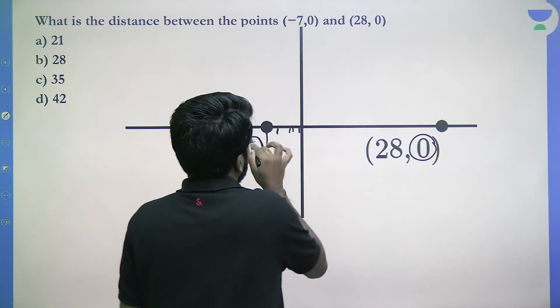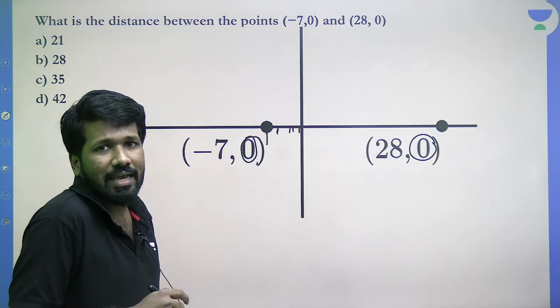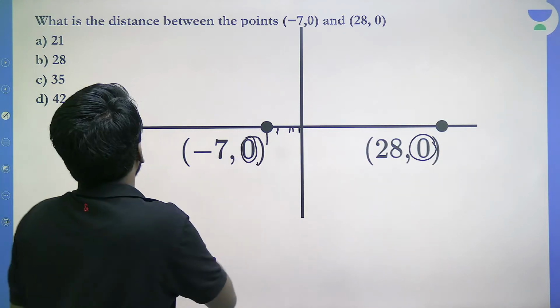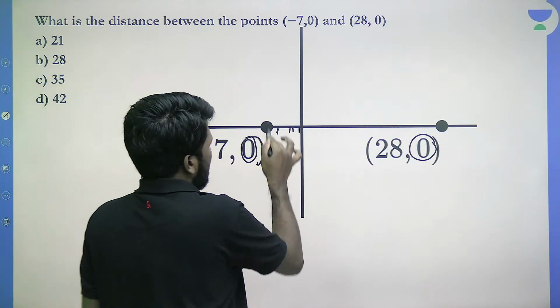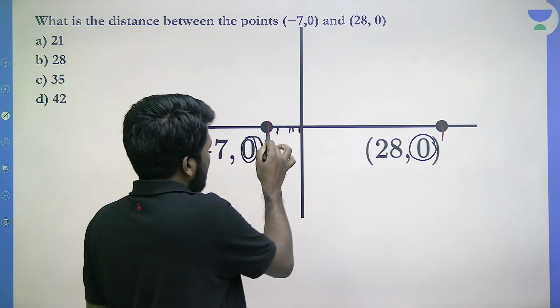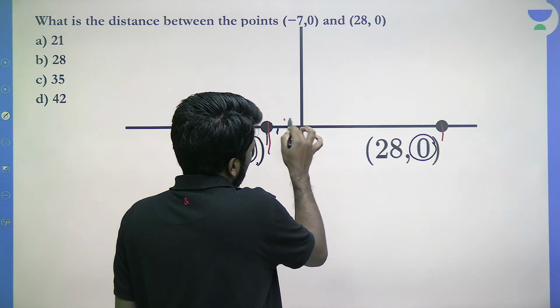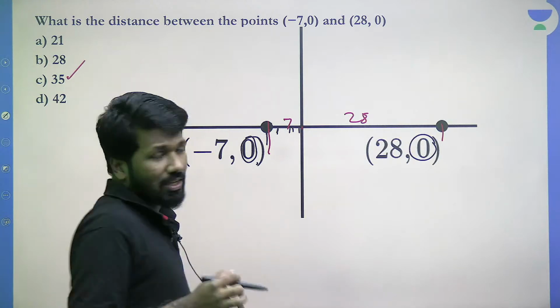In both cases the Y value is 0. That means the line joining these 2 points lies on the X-axis. So the distance between them is very simple. As it is on the X-axis, it is 7 units from -7 to 0, plus 28, that is 35 units.